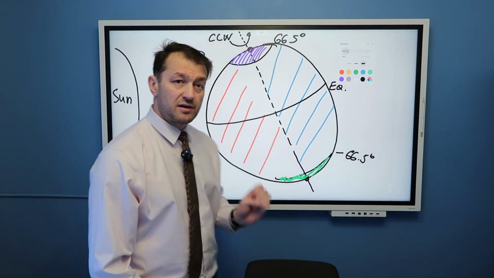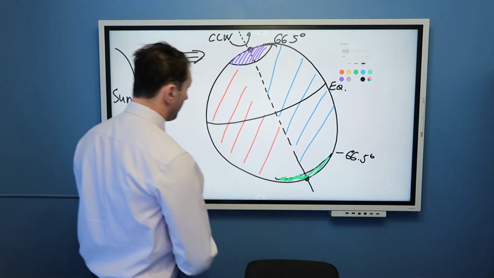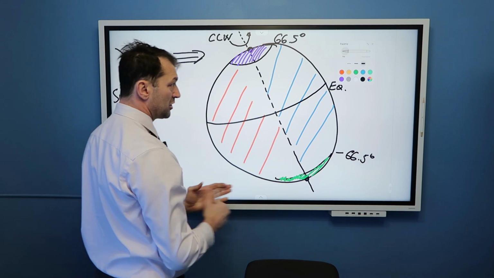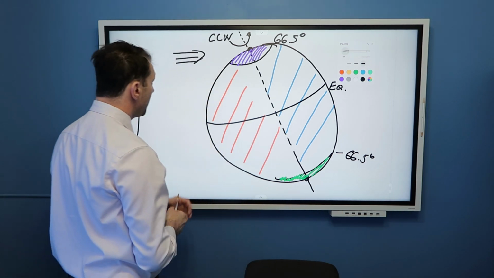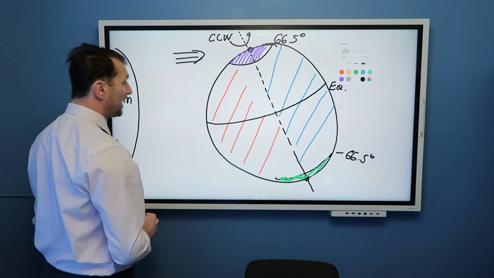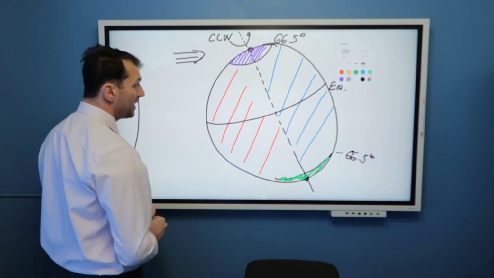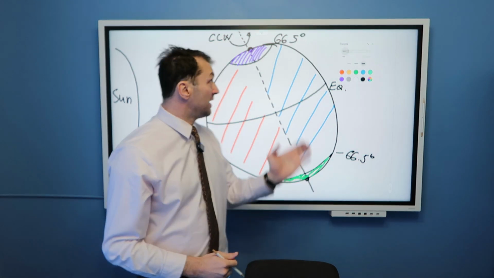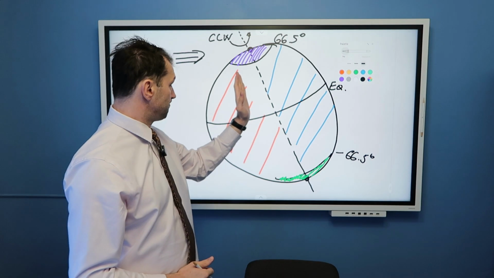So this figure therefore demonstrates that while the tilt of Earth's axis of rotation, which is 23.5 degrees, affects the amount of solar radiation that different latitudes receive, it also affects the duration of sunshine at different latitudes.